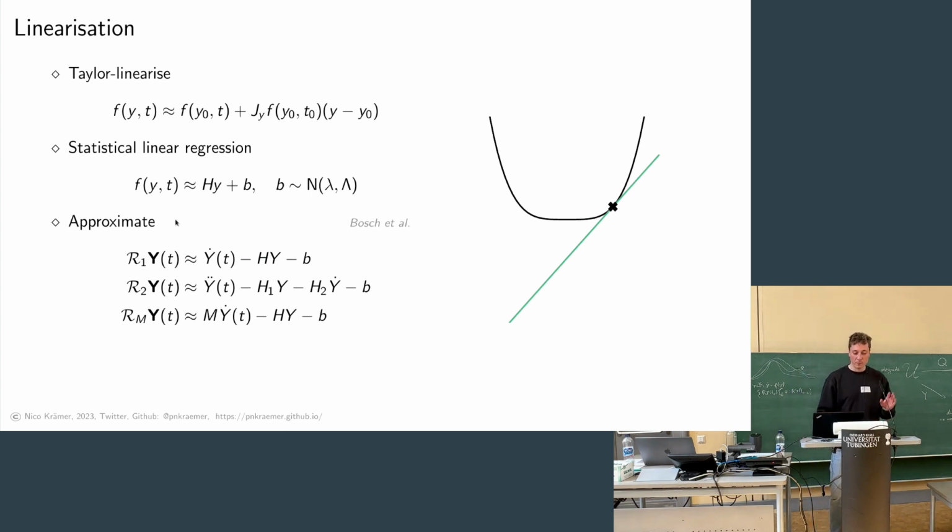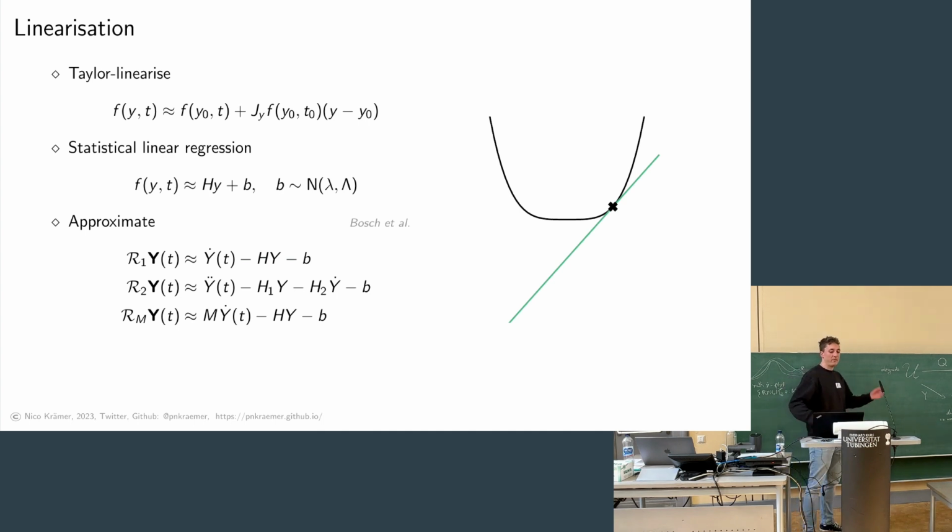So we have y dot, which we just leave. We don't touch it. We only linearize the ODE vector field, minus Hy minus b. Or if we have a second order differential equation, then we have a vector field that depends on y and y dot. So we compute this residual, y second derivative minus, and then we have two linearization matrices. And now the game continues again.